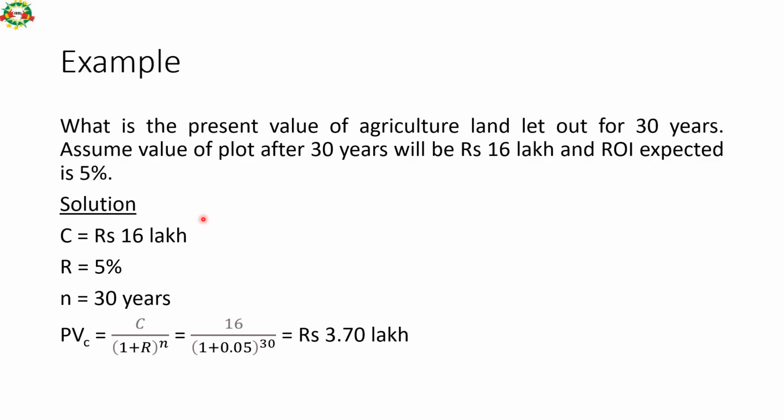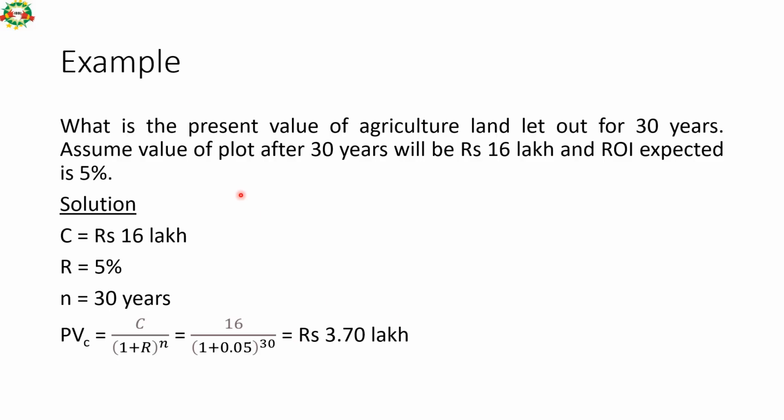C, the capitalized value of the land after 30 years, is 16 lakh rupees. The rate of interest is 5%, again given in the question, and the period is 30 years. If we enter all these values into the formula we discussed in the previous slide, the present value of this 16 lakh rupees, considering 5% rate of interest and 30 years, is 3.7 lakh.